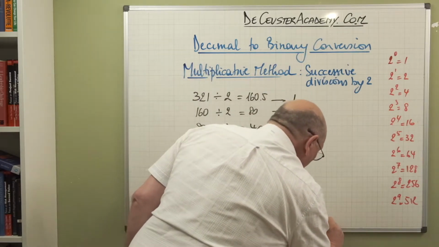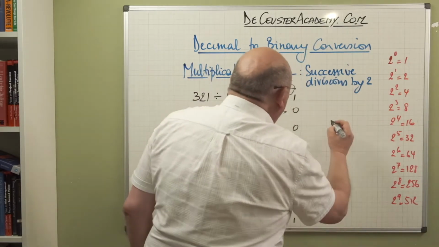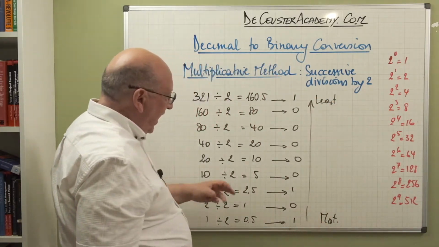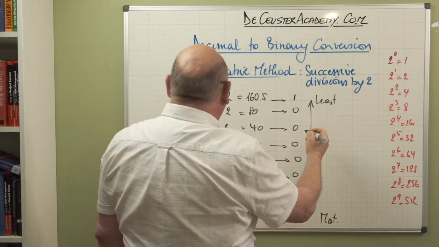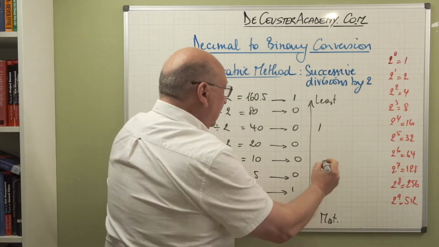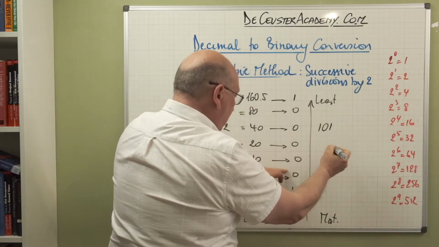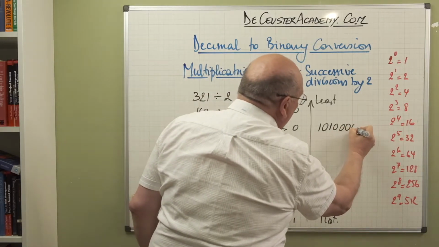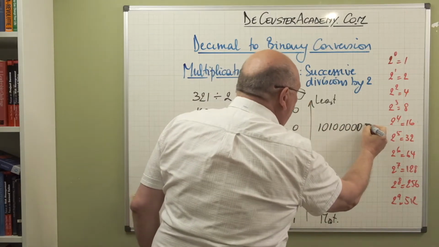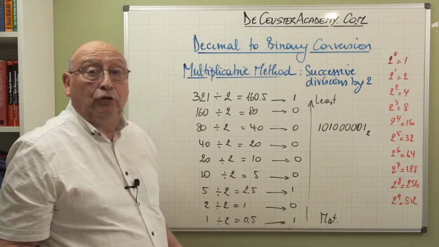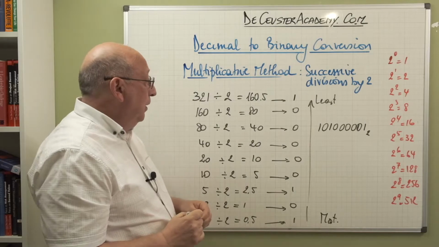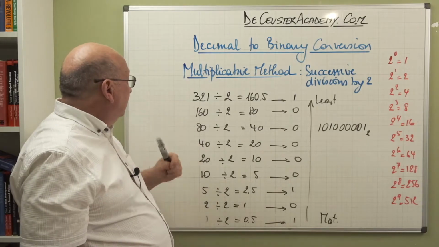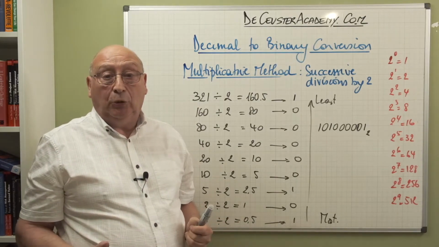We go from the most significant to the least significant parameter, and we find now that the binary expression of 321 is 1, 0, 1, 0, 5 zeros, 1, 2, 3, 4, 5, and a 1, and the 2 to indicate that we have a number base 2, which is in fact the binary expression of the decimal number 321.